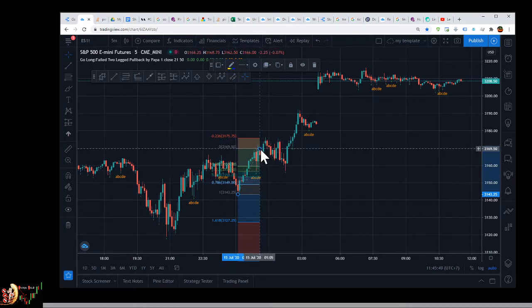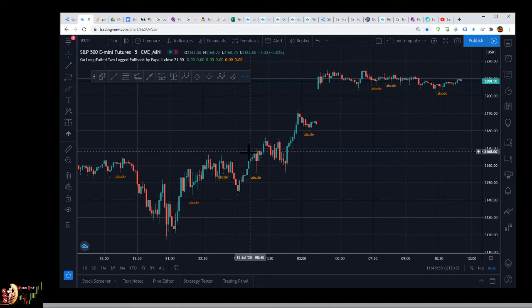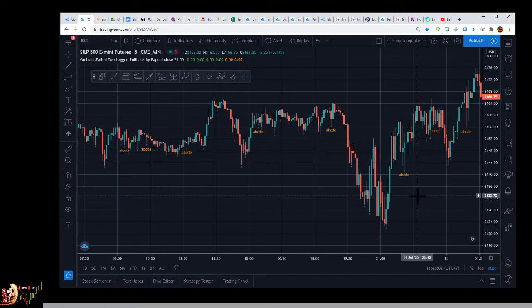To do this, I first had to think about the methodology to find the highest point and the lowest point before the entry point. In TradingView there are functions called highest, lowest and bar since. Let's say I am here.